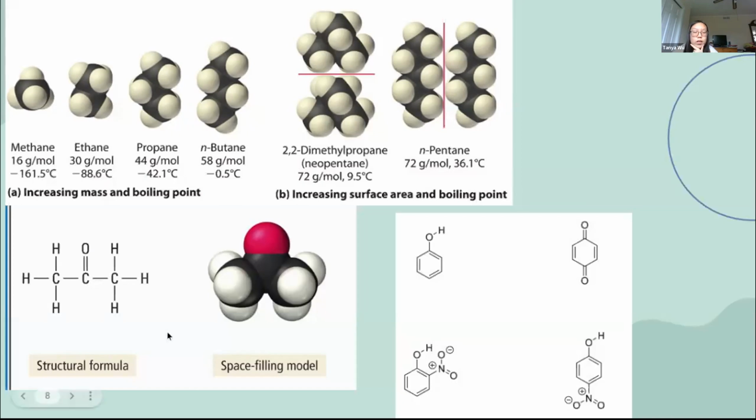And on the bottom left one, I'd like to see if you guys could identify which direction the dipole moment is facing.